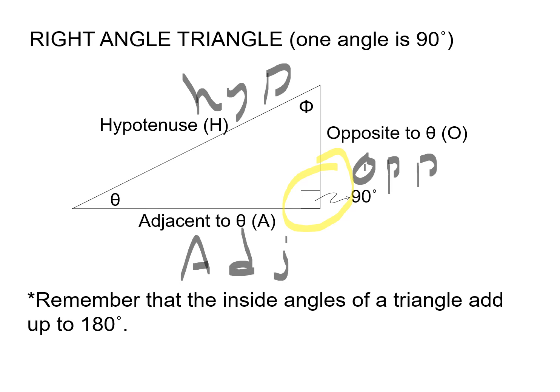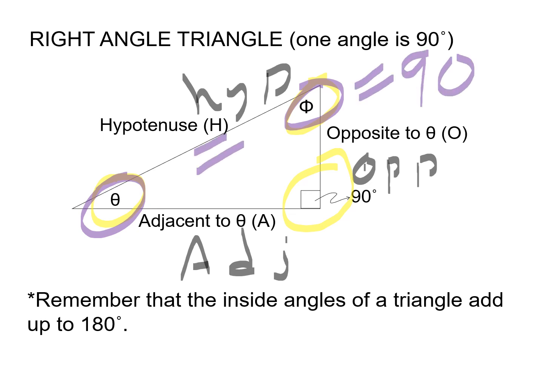That means these last two angles together would be equal to 90, because 90 plus 90 equals 180.